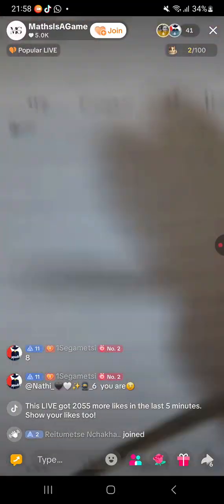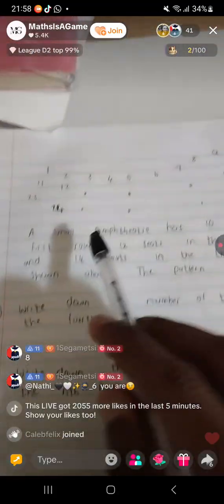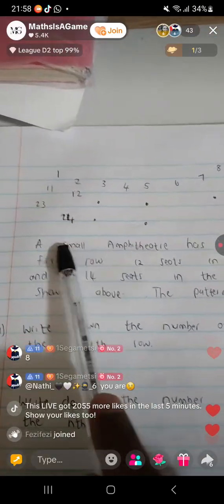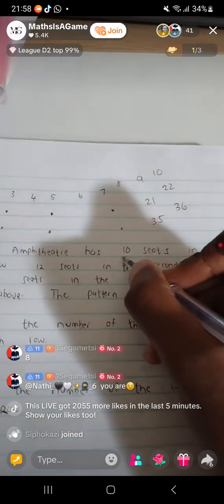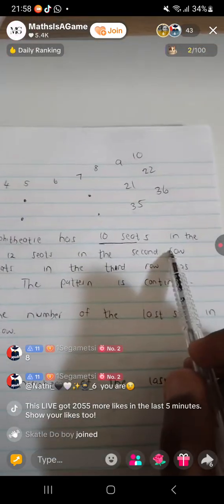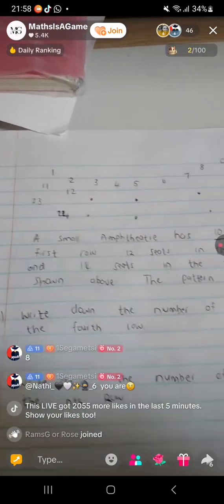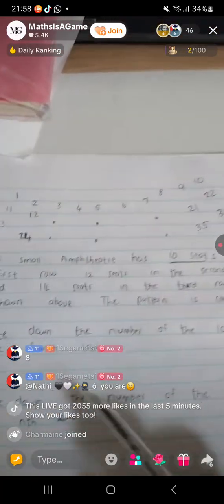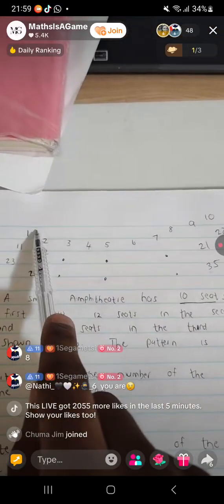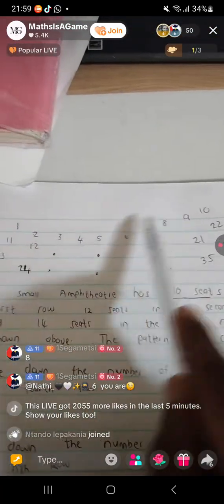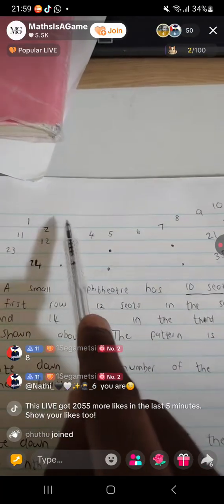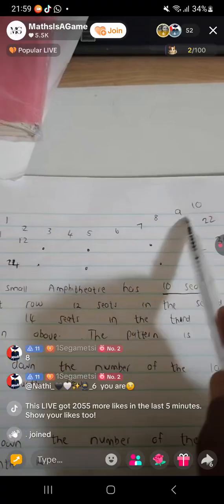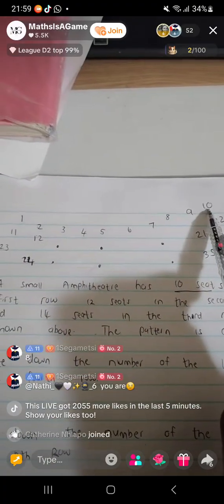All right, so this is saying a small amphitheater has 10 seats in the first row. So this is basically the 10 seats. This is the first row. Seat 1, seat 2, seat 3, seat 4, seat 5, and so it goes up until the 10th.